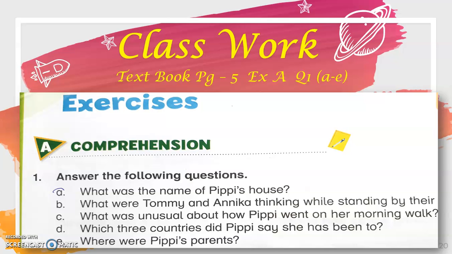B, what were Tommy and Anika thinking while standing by their house? C, what was unusual about how Pippi went on her morning walk? D, which 3 countries did Pippi say she has been to? E, where were Pippi's parents? So these are all the basic questions that you need to do.